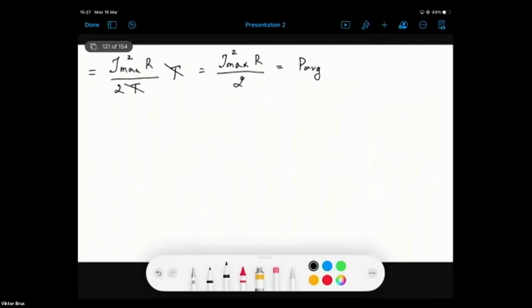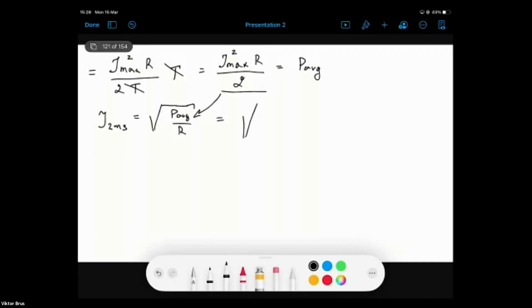So this equivalent DC current, which is called RMS current, will be equal to the square root of P average divided by R. So now we substitute the expression for P average here and get the final expression for the I RMS.